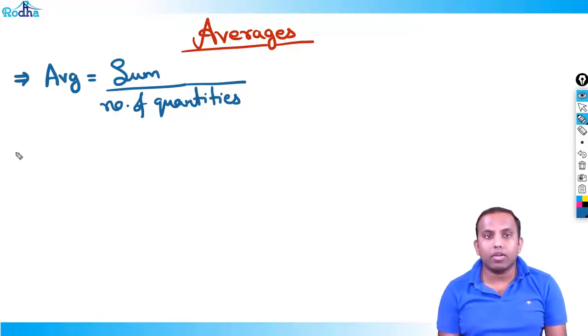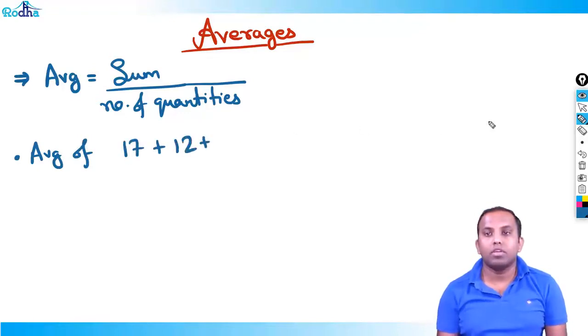So if you have to calculate, what is the average of 17, 12, 10, let's say 20?